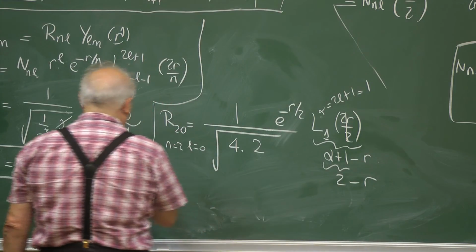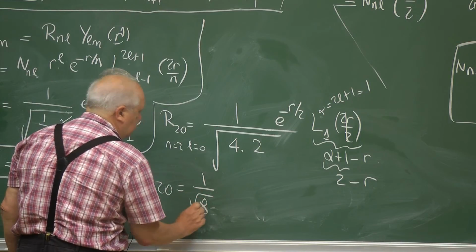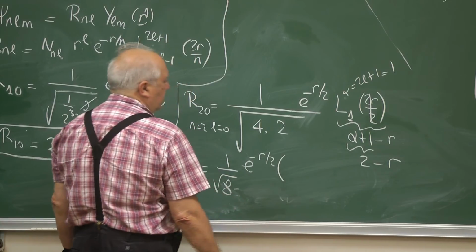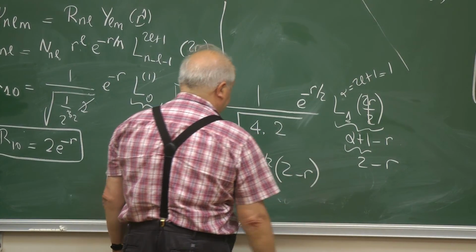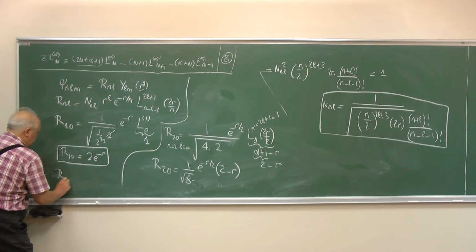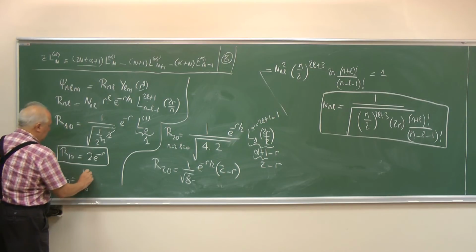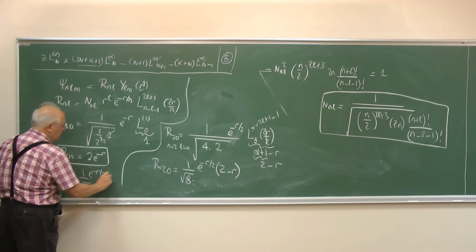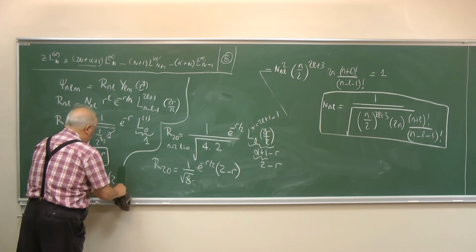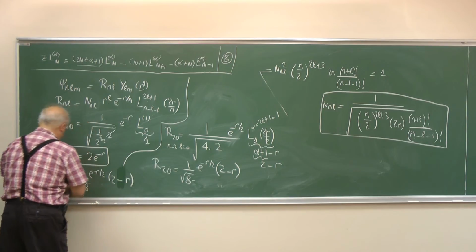So R_2,0 is equal to 1 over root 8 e to the minus r over 2, 2 minus r. Let me write it here. R_2,0 is equal to 1 over root 8 e to the minus r over 2, 2 minus r.